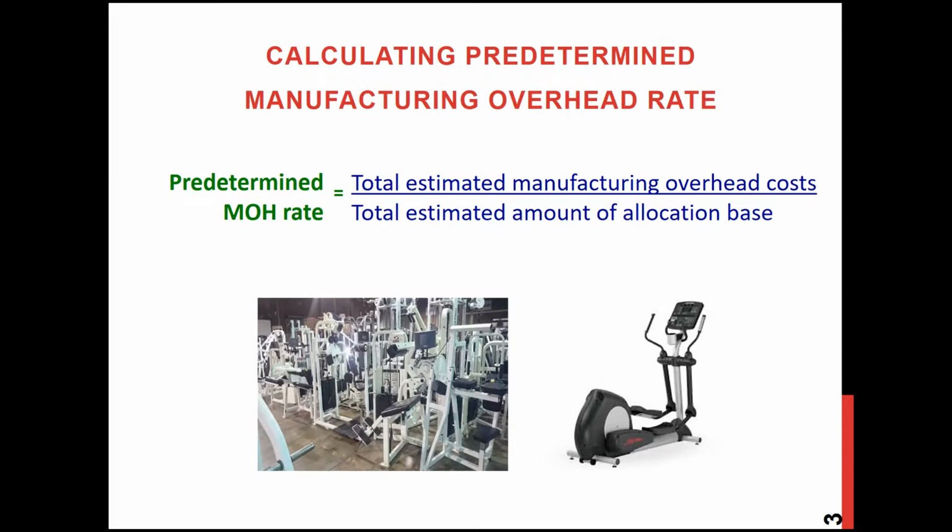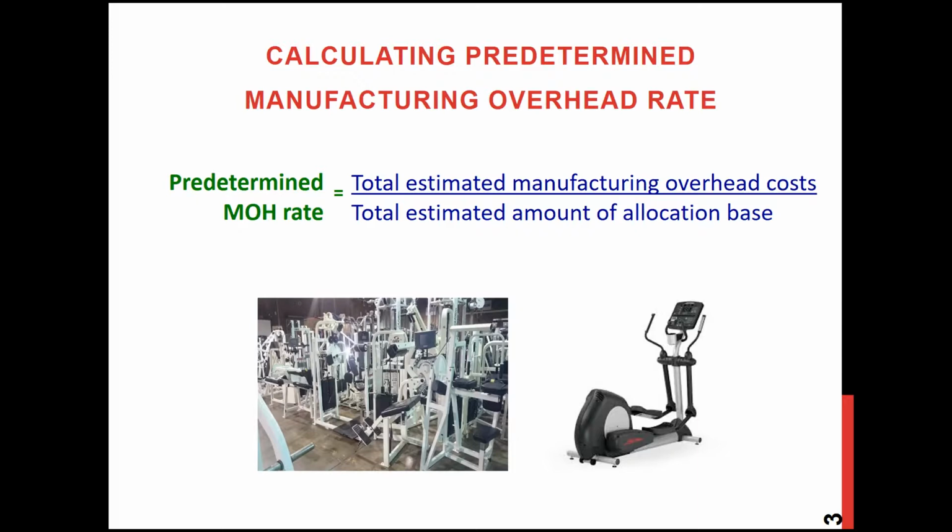So what do manufacturing companies usually do? They estimate their total amount of manufacturing overhead cost, and it could be for a certain period, and then they determine one specific allocation base. So what is an allocation base? An allocation base is basically a cost driver.